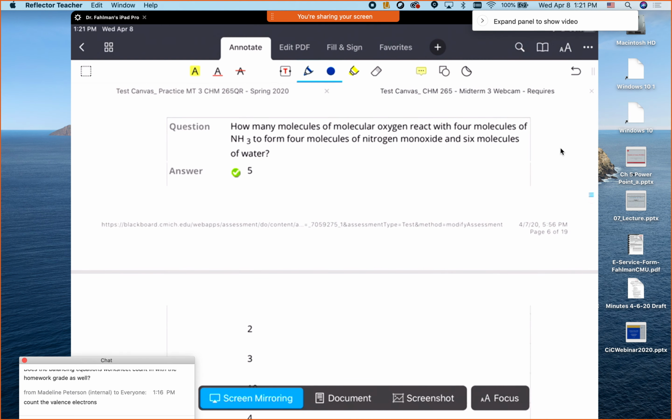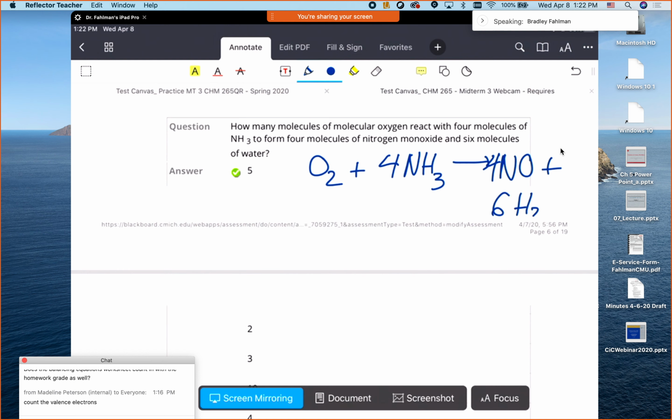How many molecules of molecular oxygen? Okay, so in words here, you've got molecular oxygen reacts with 4 molecules of ammonia to form 4 molecules of nitrogen monoxide and 6 of water.